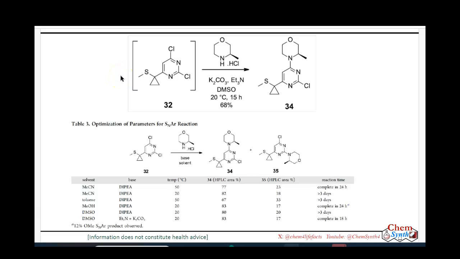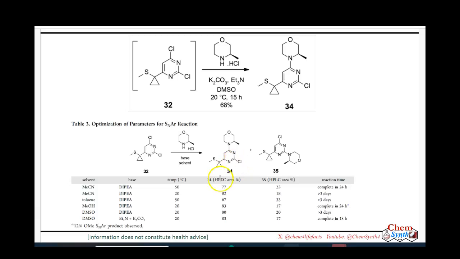chiral methyl substituted morpholine. This is a base mediated SNAr reaction. Here also the key challenge was regioselectivity, because it contained two chloride groups. You can see they selectively required this position, but they could not make a completely regioselective product.